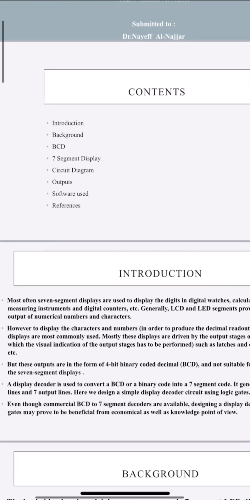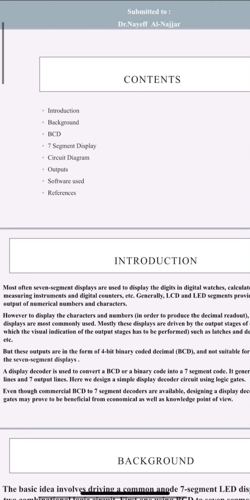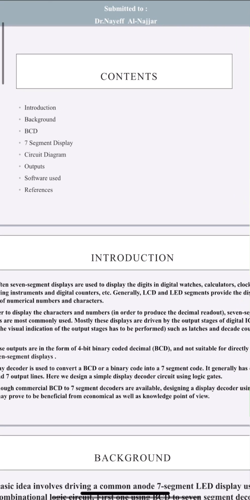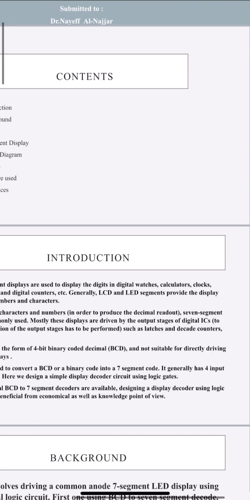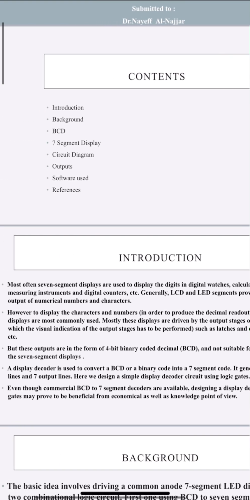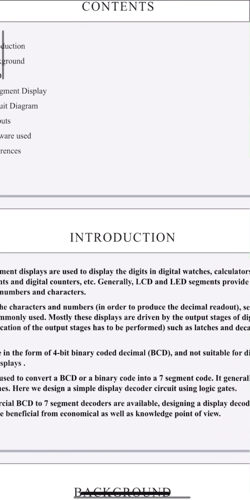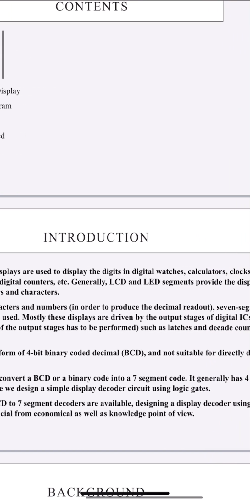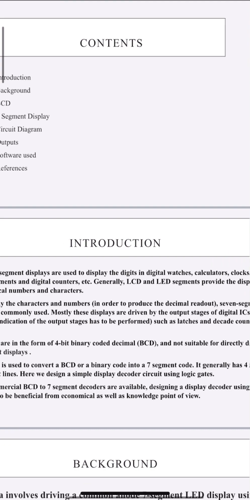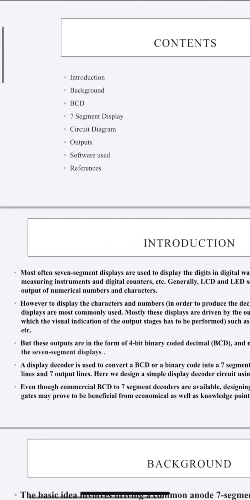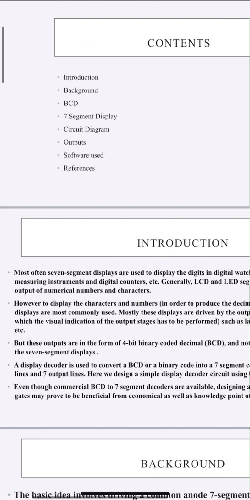In the introduction, most often 7 segment displays are used to display the digits in digital watches, calculators, and clocks, measuring instruments and digital counters, etc. Generally, LCD and LED segments provide the display output of numerical numbers and characters.